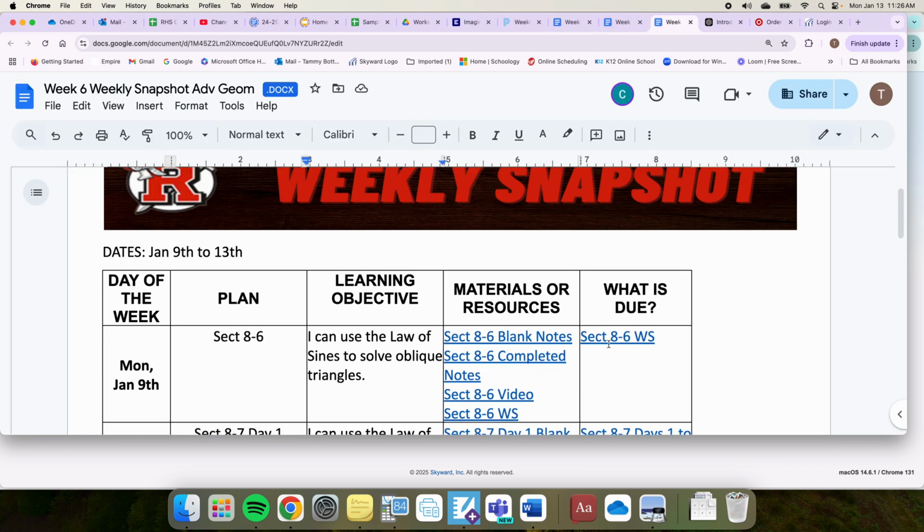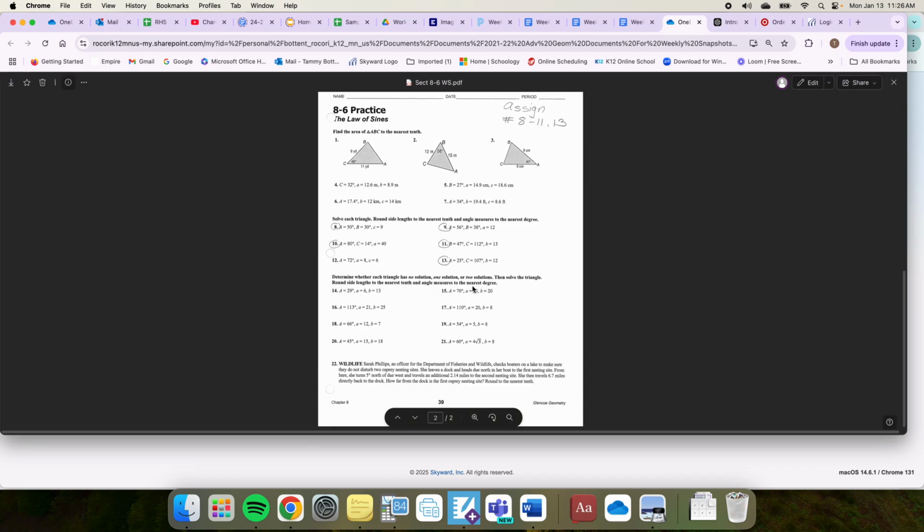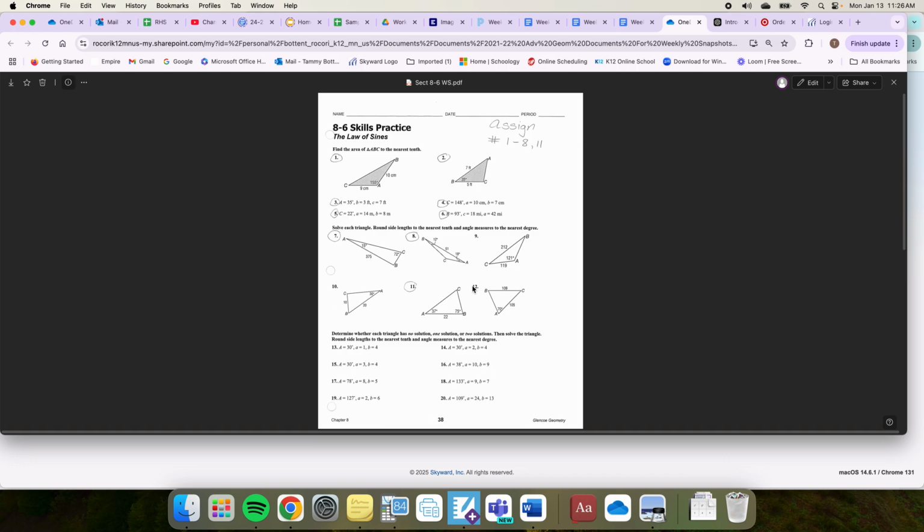It is? Okay. Skill 8-6 skills practice, the law of sines, the sine plus 3 and 11. Yes, so it's 2 sides. Do the problems that are written in my writing, okay?